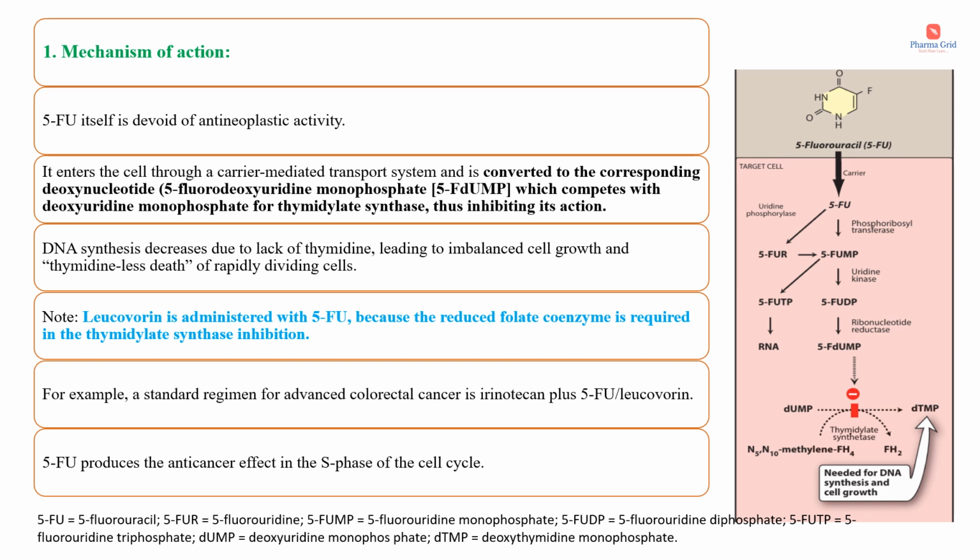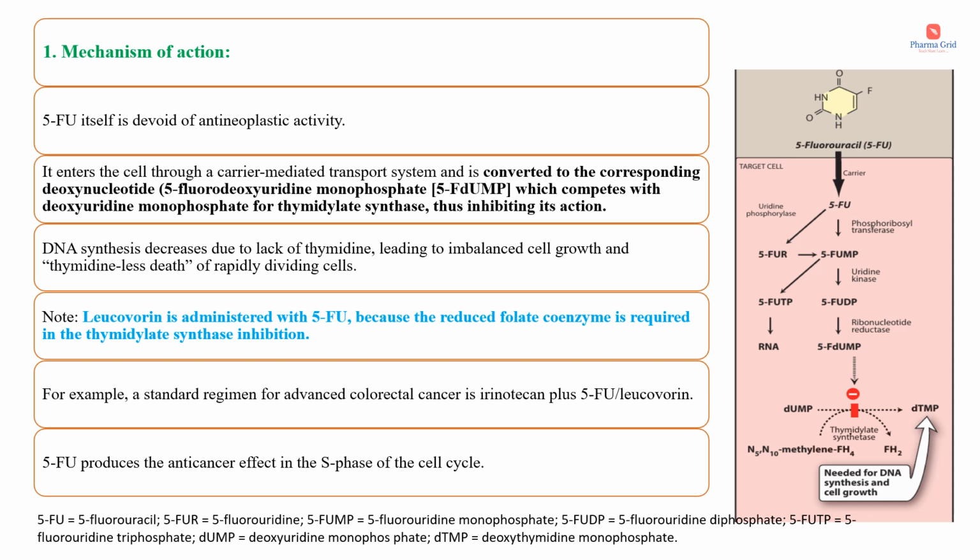So 5-fluorouracil itself does not have anti-neoplastic activity. It enters the cell through a carrier-mediated transport system and gets converted to FdUMP, which competes with deoxyuridine monophosphate for thymidylate synthase, thereby inhibiting its action.